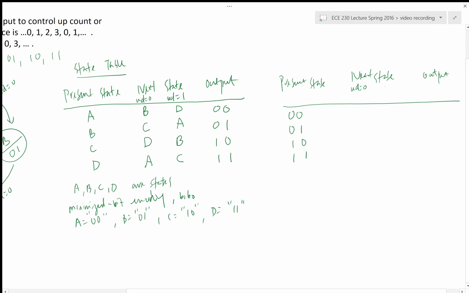Remember, we have UD 0 and UD 1. So B is 0 1, C is 1 0, D is 1 1, A is 0 0. Then we have the output, which we will label this way, F0 and F1.